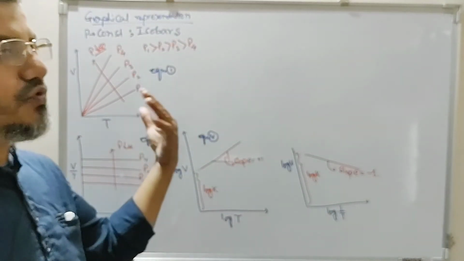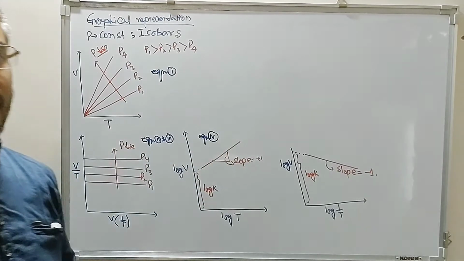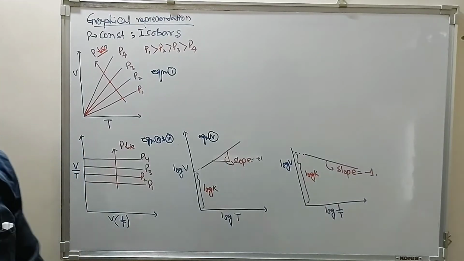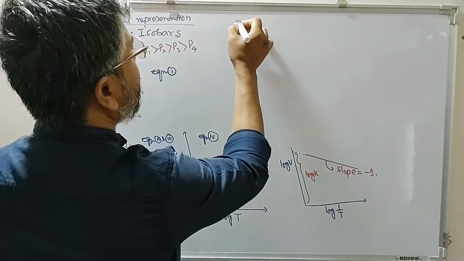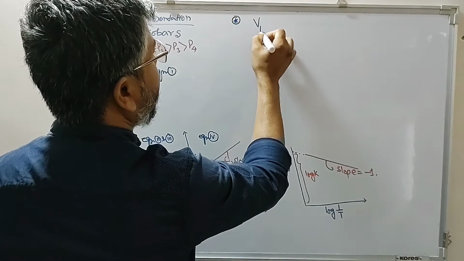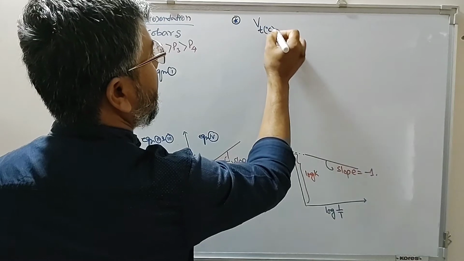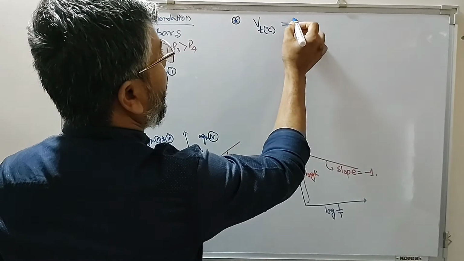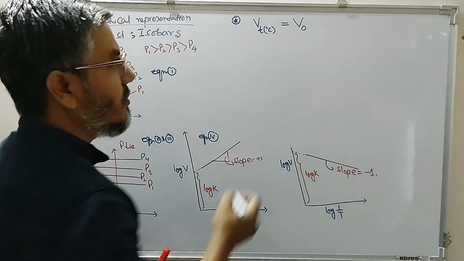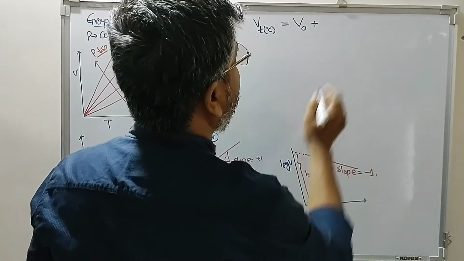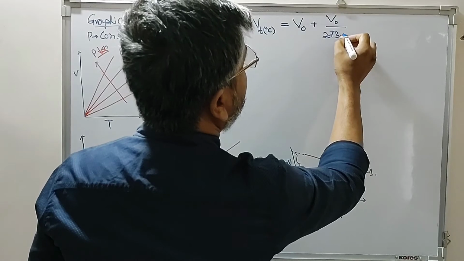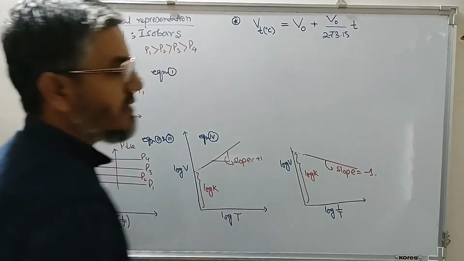If Charles' law is to be stated in terms of temperature measured in degree centigrade, it is given as: volume occupied by the gas at T degree centigrade is equal to volume occupied by the gas at 0 degree centigrade, which is known as V naught, plus V naught by 273.15 times T degree centigrade.